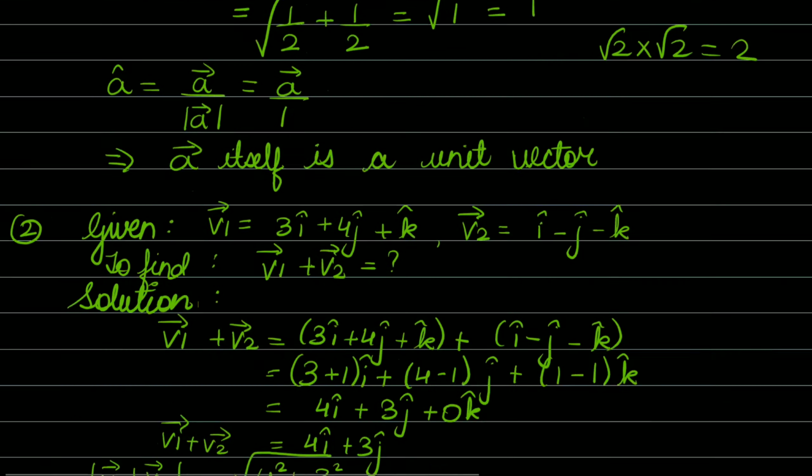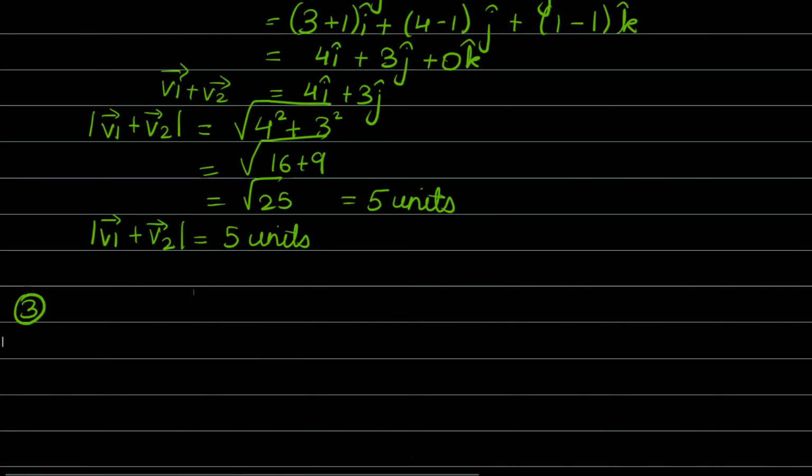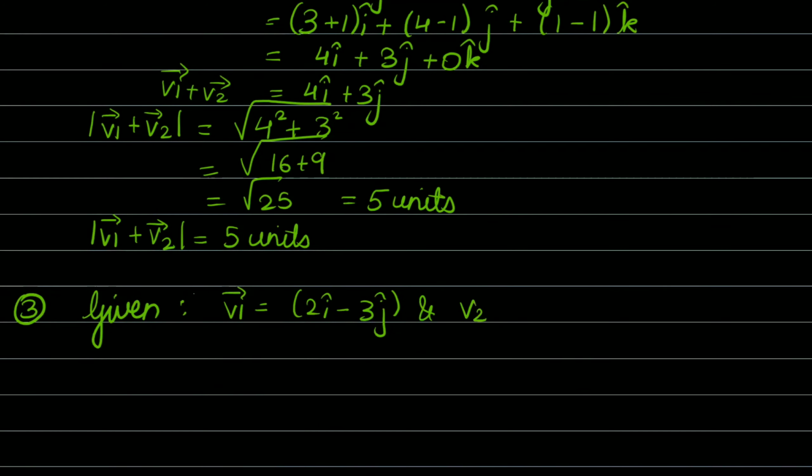In this question we have to find the magnitude as well as the direction. First of all, we should write the given conditions: V1 vector equals 2i cap minus 3j cap and V2 vector equals minus 6i cap plus 5j cap.